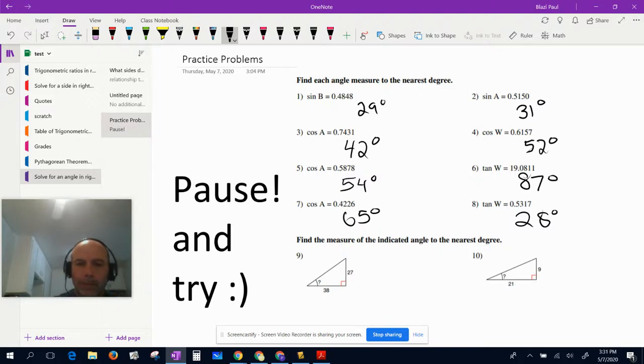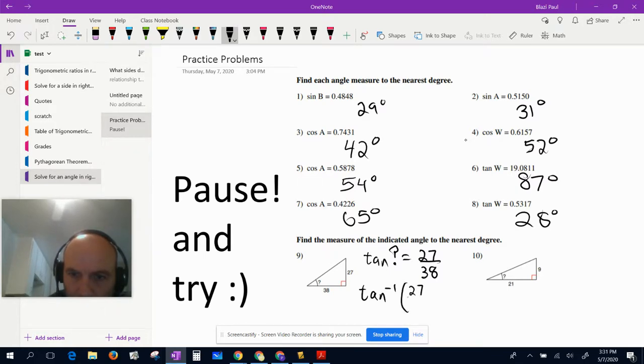All right, this one right here, this is giving me the adjacent and the opposite. So that's tangent. Tangent of question mark equals opposite over adjacent. So inverse tangent of 27/38 equals, and that's going to spit out an angle, okay?